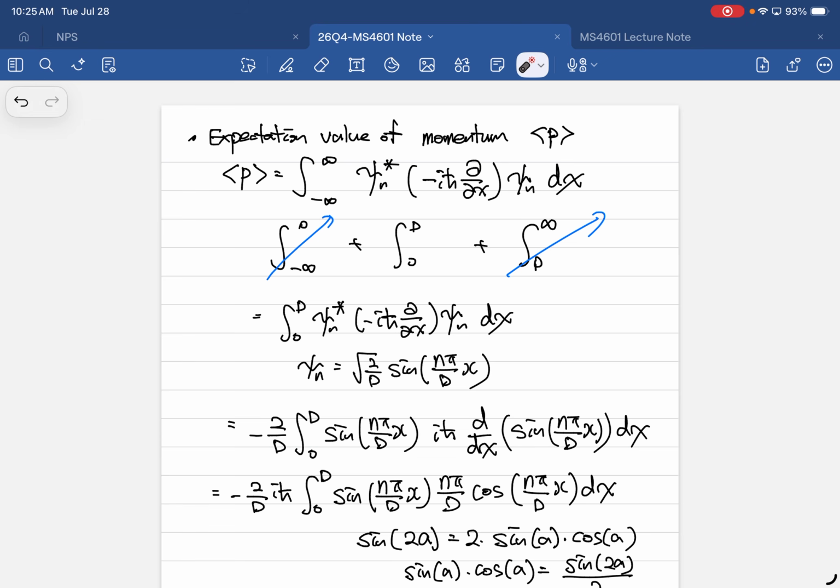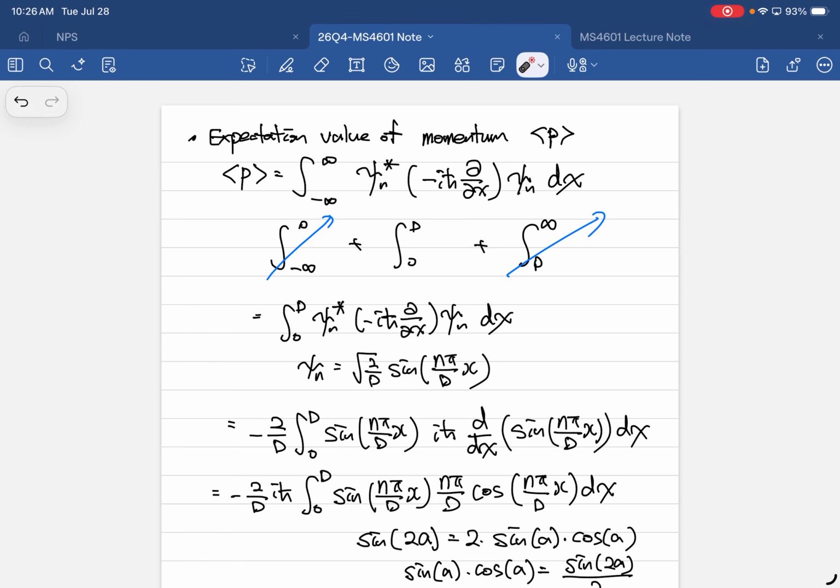So this is why we again want to evaluate the expectation value of momentum or velocity and also their standard deviation. So we want to find this momentum. Let us look at this momentum expectation value.